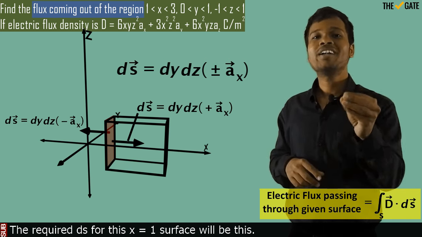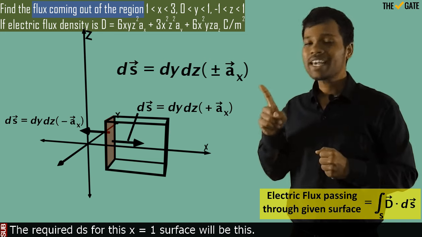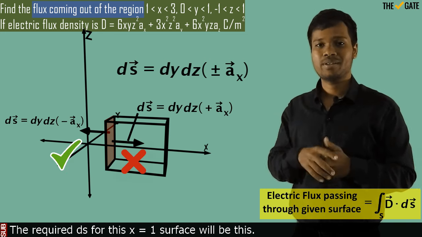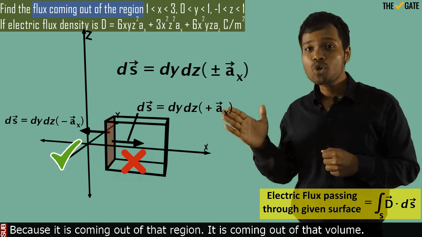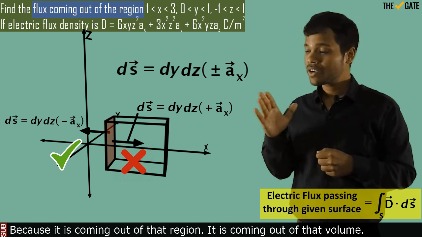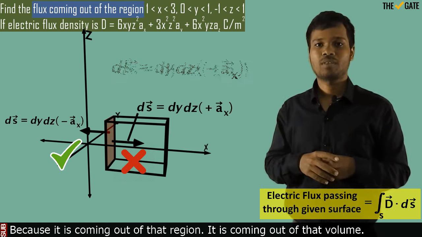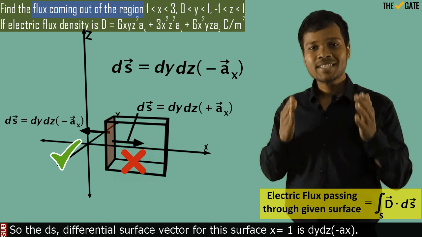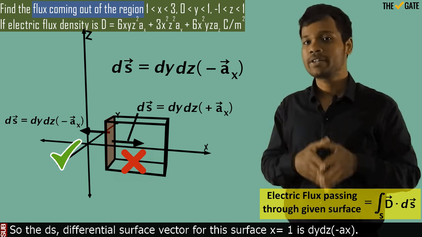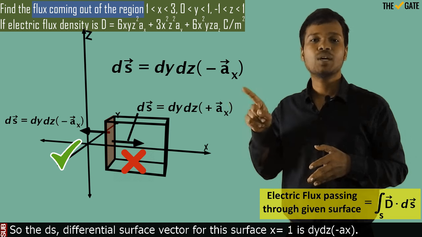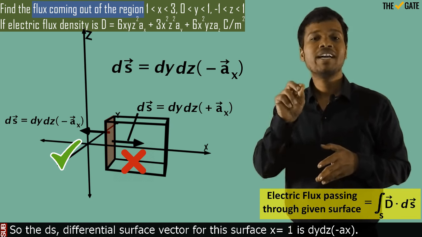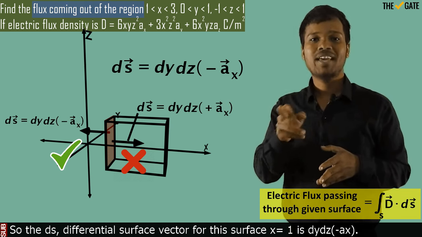The required ds for this x equal to 1 surface will be this, because it is coming out of that region. So the differential surface vector for this surface x equal to 1 is dy dz minus ax.